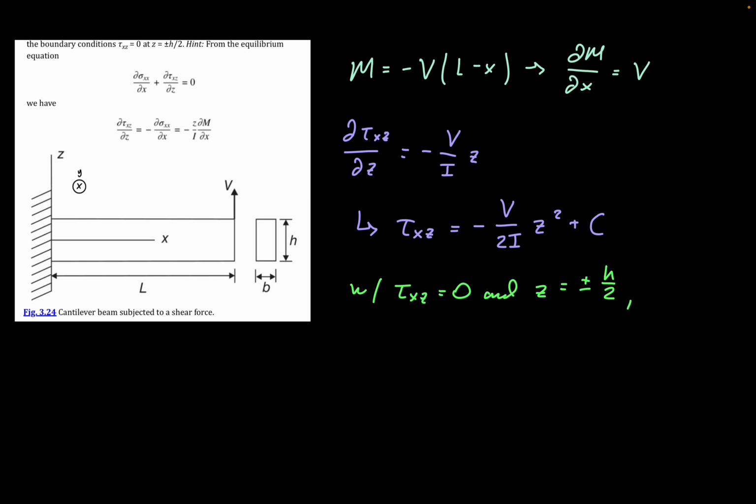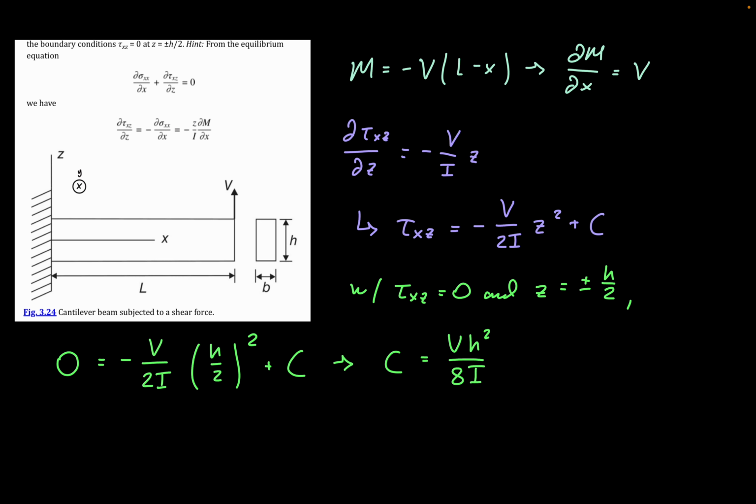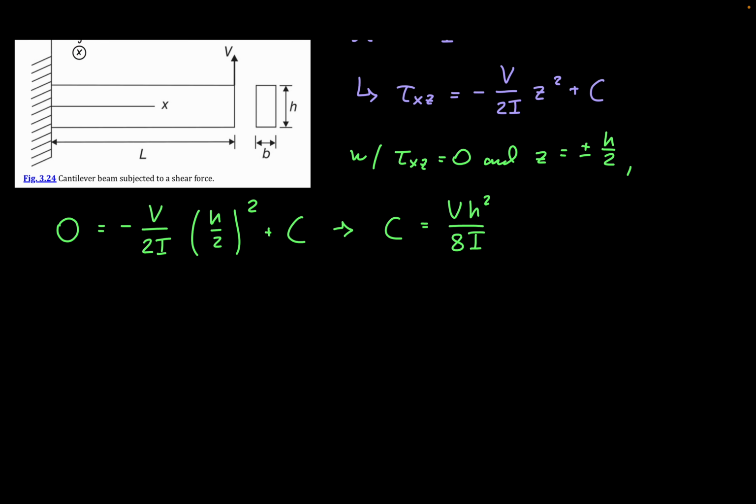So tau xz is going to be equal to 0, and that will be equal to negative V divided by 2I all times (h divided by 2) squared plus C. Now here it doesn't matter if we use negative h divided by 2 or positive h divided by 2 because we have that square no matter what, so it works for both cases. And then simplifying this out, we get that our constant C is equal to V times h squared divided by 8 times I.